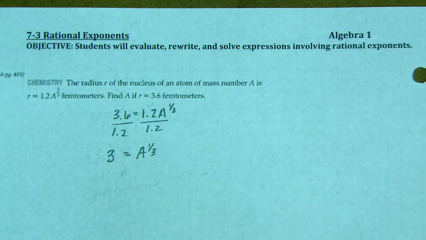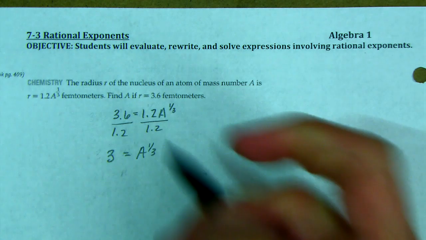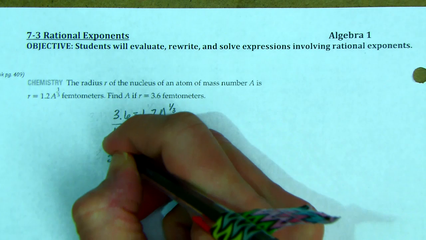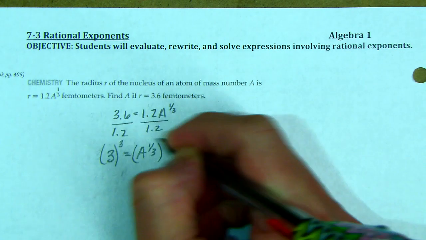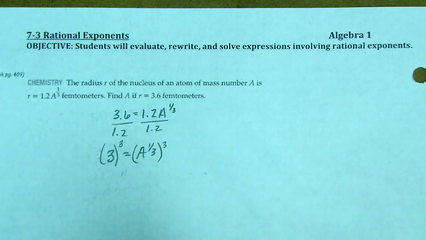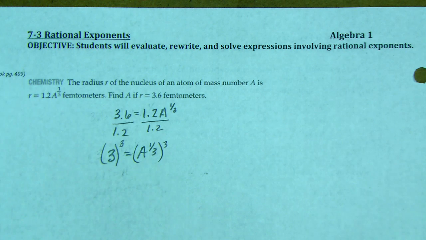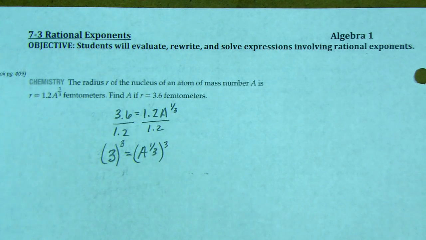Now, I want to know what A is, so I have to get rid of that exponent. I can get rid of that exponent by raising both of them to the 3rd power, because when I raise that to the 3rd power, I multiply 1/3 times 3, and that goes to 1.